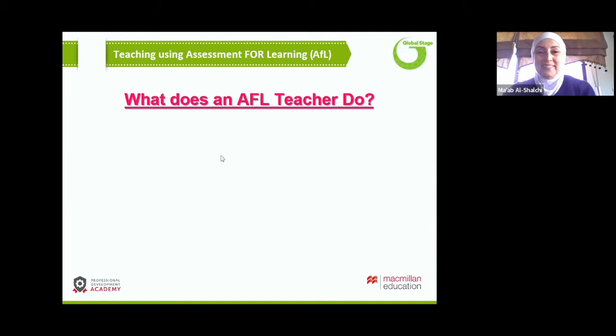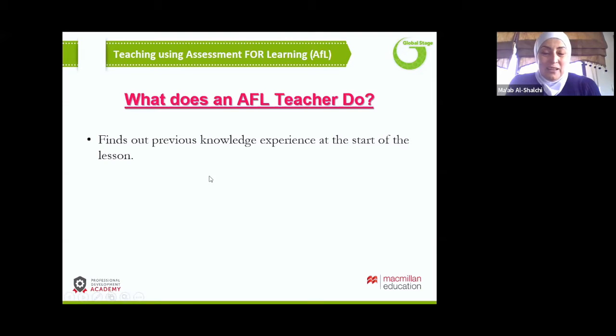So I will show you. A teacher has to find out previous knowledge, experience at the start of every lesson. And we all know that this is very, very important. If you want to understand levels of your students, you should know their previous knowledge about a certain topic that you're going to discuss with them, you're going to cover.